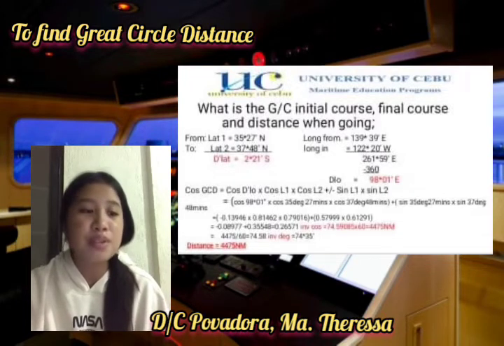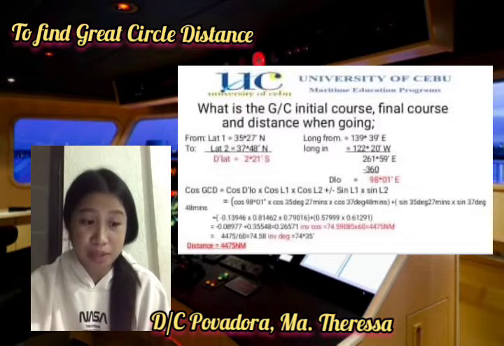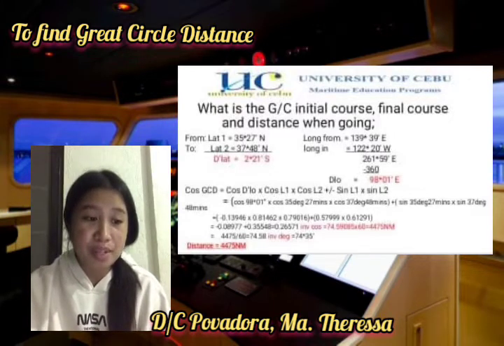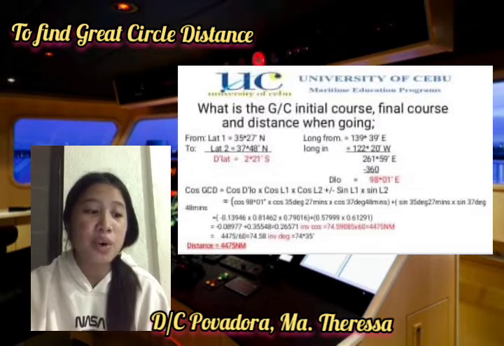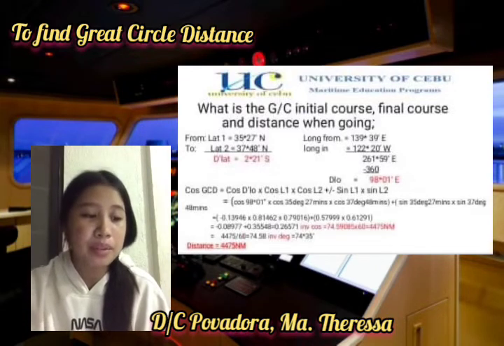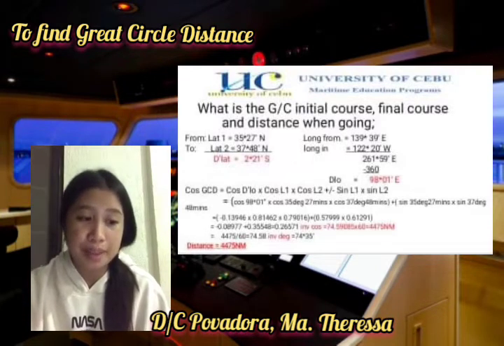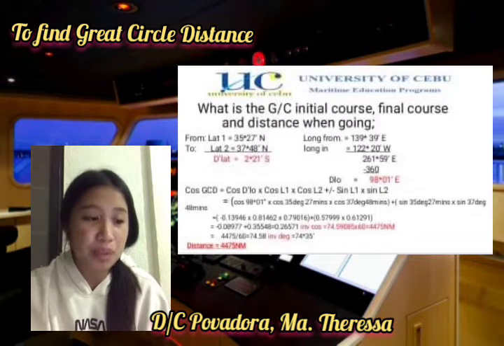So the answer of negative 0.13946 times 0.81462 times 0.79016 is negative 0.08977.